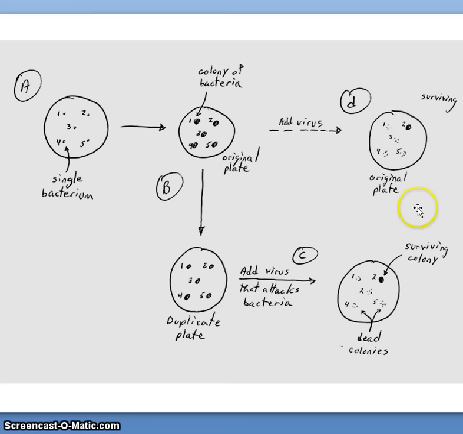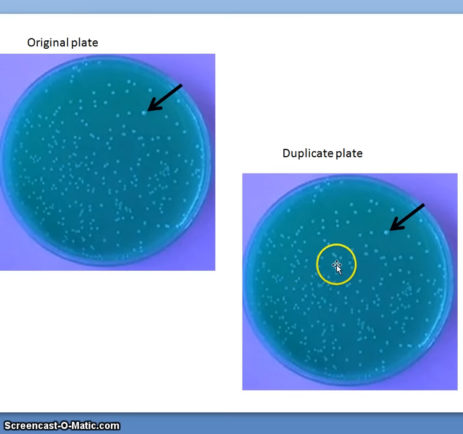Now, to really see the reasoning behind this, think about the alternate possibility that the virus would be causing a colony to become resistant. So let's take a look at these plates here. So here's the duplicate. Let's say this colony right here was resistant to the virus on the duplicate plate. Now, if the virus caused that colony to become resistant, then you might expect that on another day, when you do this experiment, the virus might have caused a different colony to become resistant.